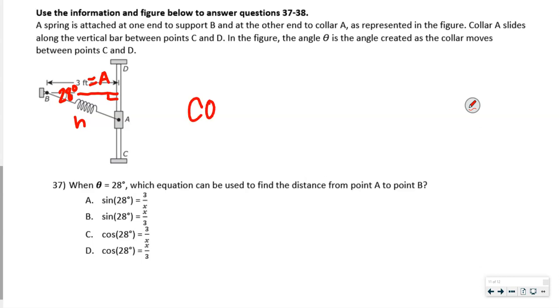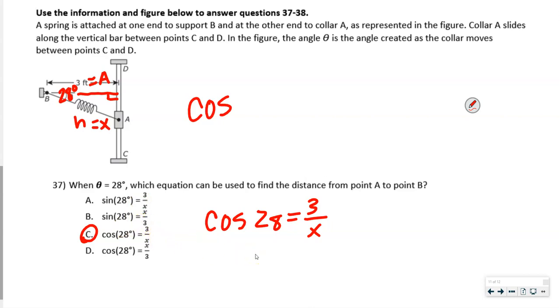That would be cosine, right? So we're going to say the cosine of our 28 degrees is going to be equal to our adjacent over our hypotenuse, and this would be our variable, x. So our adjacent is 3 over our x, okay, so it's cosine of 28 equals 3 over x, so that would be C, okay.